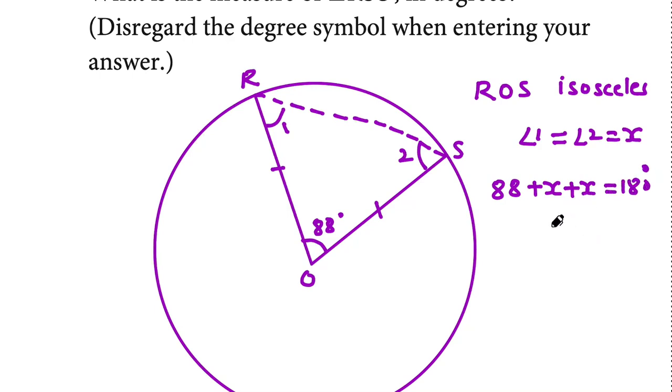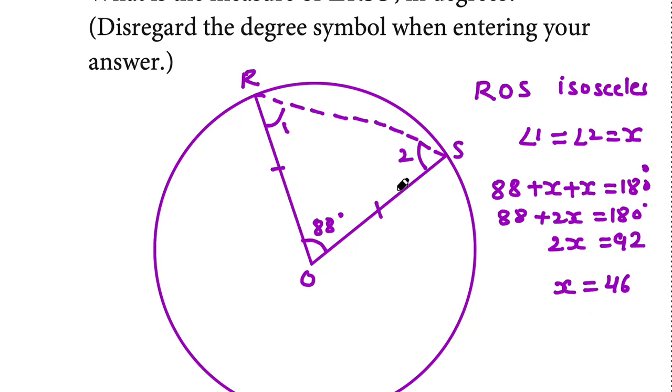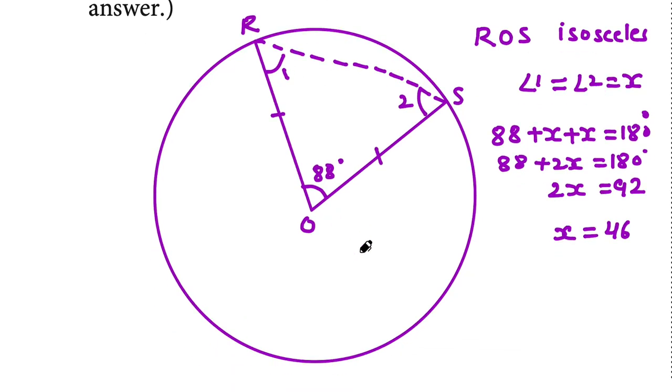Now if you are doing it the SAT way, just take one step to reach here, but let's also solve step by step. So 88 plus 2x is equal to 180 degrees. Subtracting 88 on both sides, 2x is equal to 92 and x is equal to 46. So the measure of angle RSO is 46, or the measure of angle ORS is also 46. Correct?